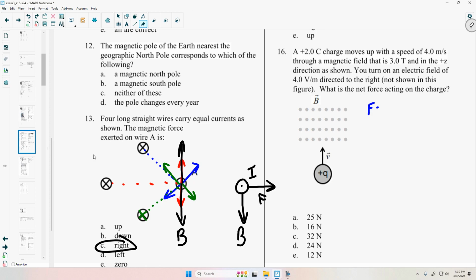No, we'll do the directions first. So first of all, the direction of the magnetic force, the velocity is up, the magnetic field is into the page, so the magnetic force is to the left. FB is to the left. Then the electric force, there is an electric field that is moving in that direction.